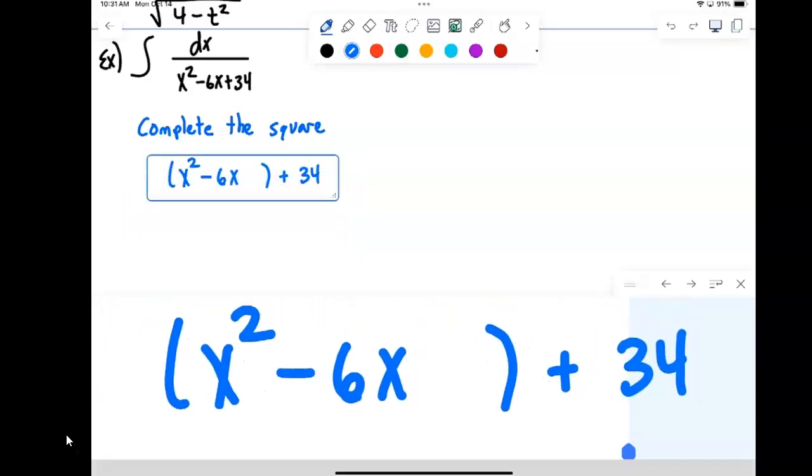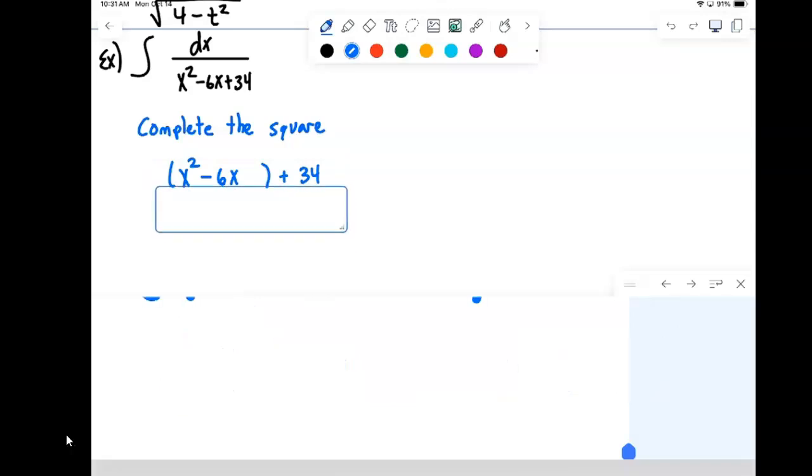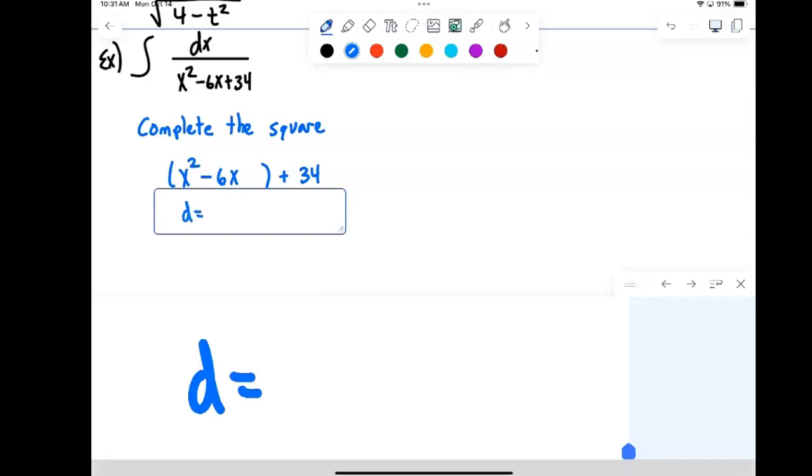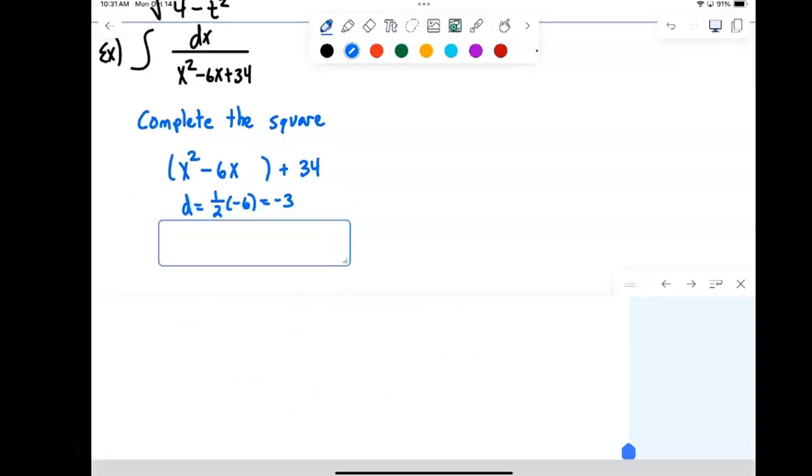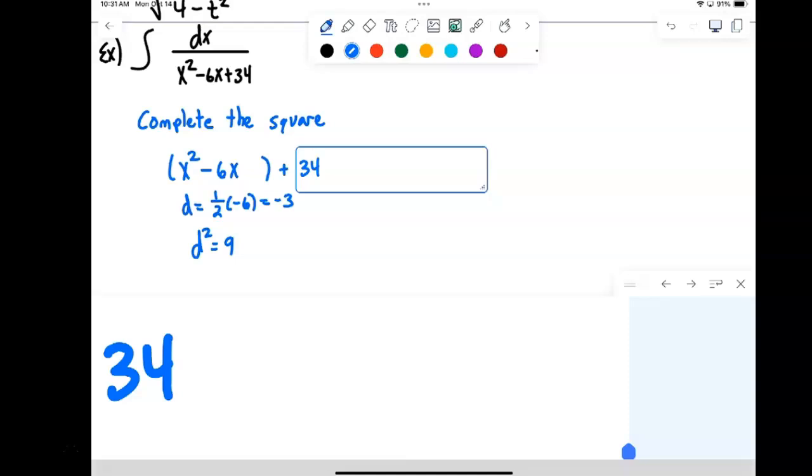Of course, first off, the x squared has to have a 1 in front of it. So we take half of that number, call it b, or I'm calling it b in this example, or d, or whatever you want to call it. Half of that number should be negative 3, and then we square it. Should be 9. So to complete the square, I need to have a plus 9 on the inside.